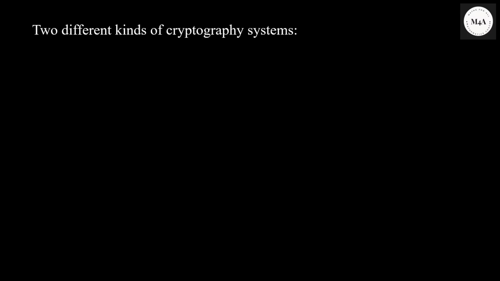In this algorithm, they have mentioned some keys. It comes under the topic of cryptography, the main area in network security. There are two different kinds of cryptography systems. The first one is private, that is secret key cryptography. Private or secret means we can't share it with anyone.